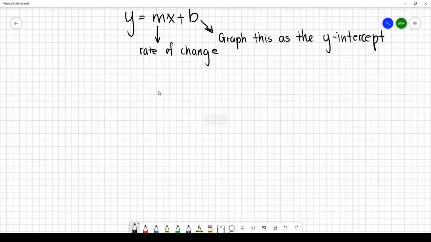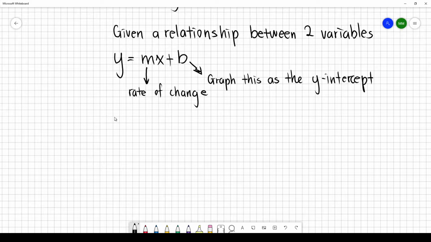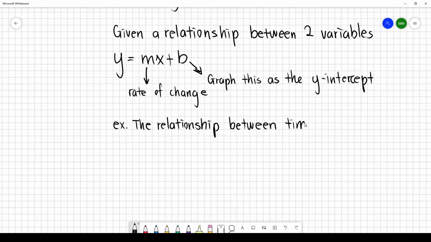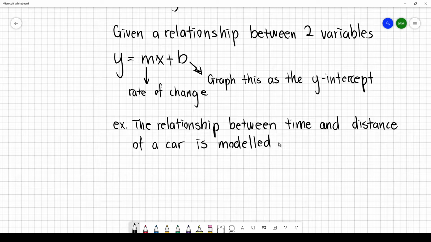So, for example, the relationship between time and distance of a car is modeled by the equation d is equal to 50t.